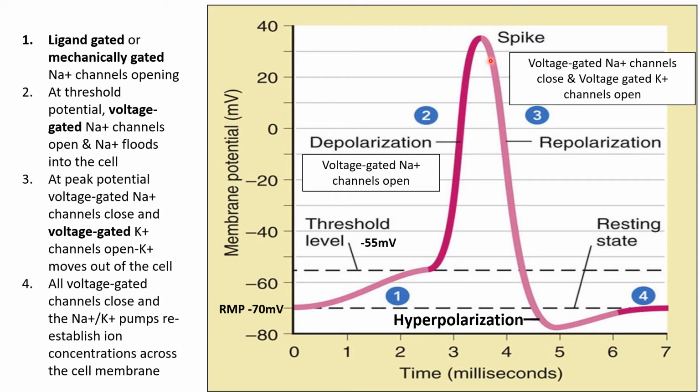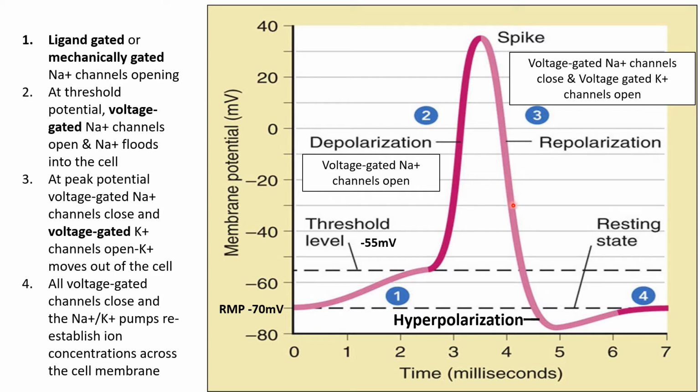Now we're losing all those positive charges from inside the cell, and so the membrane potential very rapidly becomes negative again, goes all the way back down. This is known as repolarization. Repolarization occurs when the voltage-gated potassium channels open and the sodium channels close, and potassium is allowed to flood out of the cell.